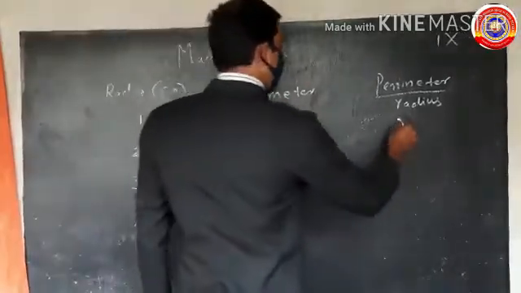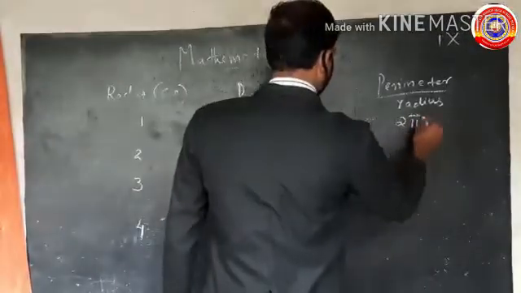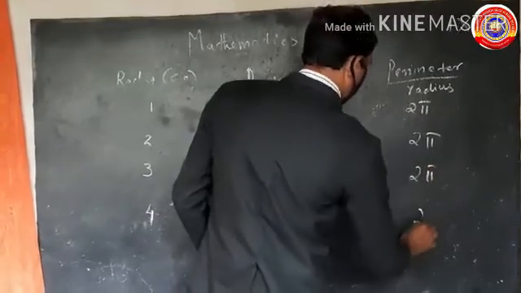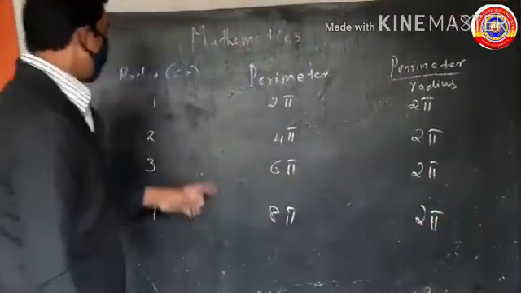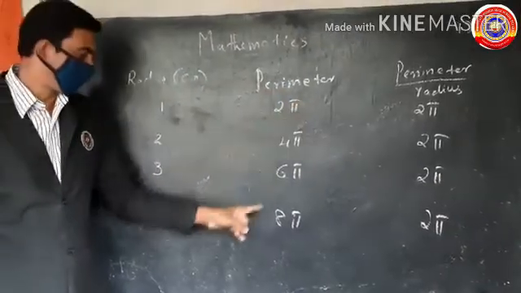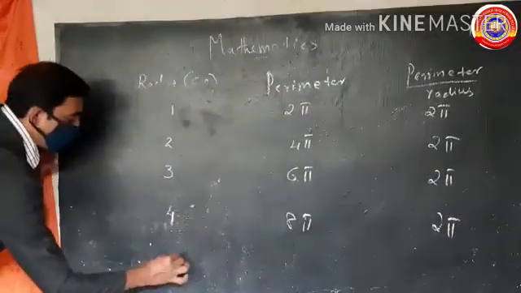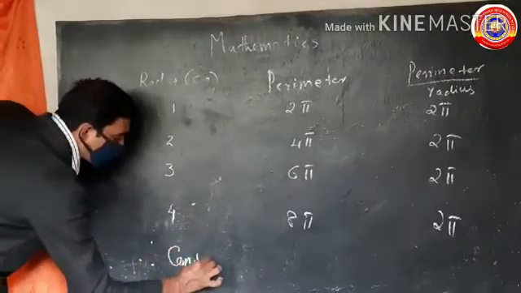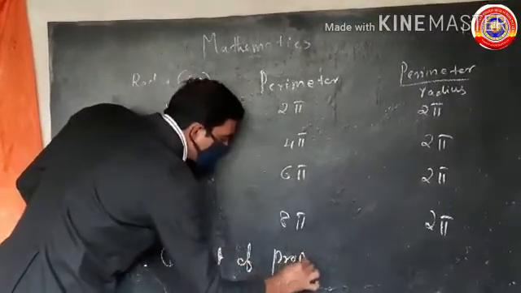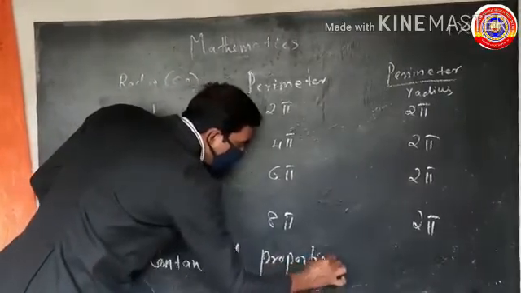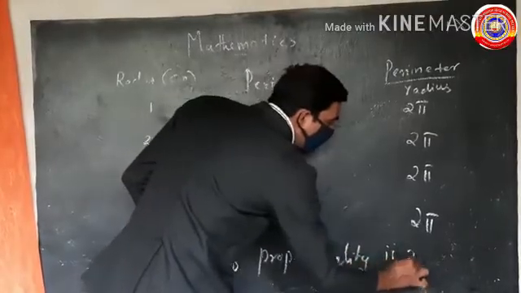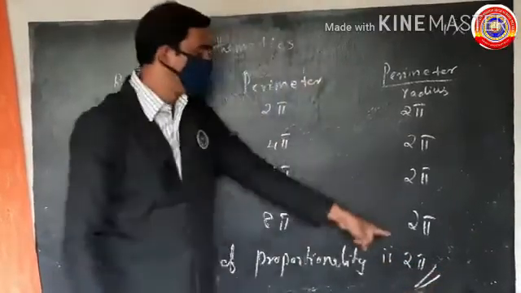Therefore, perimeter by radius is 2 pi, all are 2 pi each. Here, perimeter is proportional to the radius. Then the constant of proportionality is 2 pi.